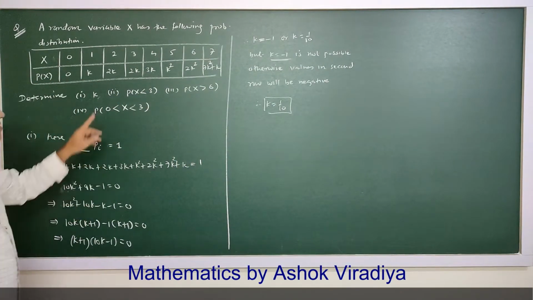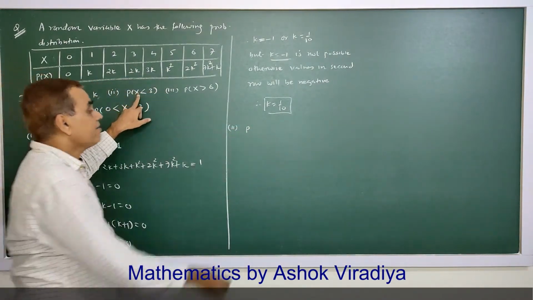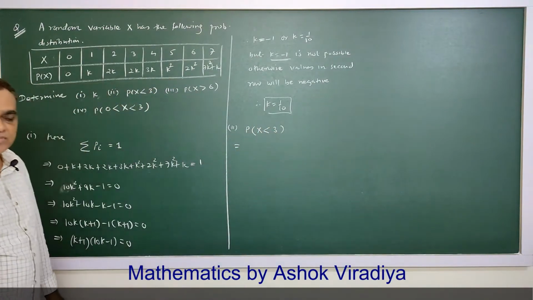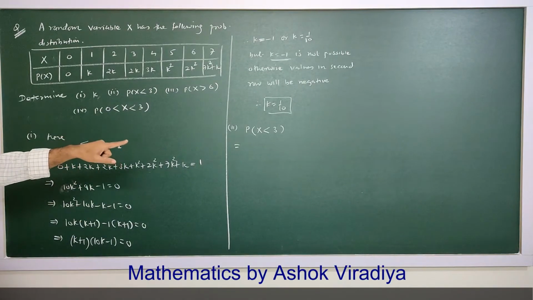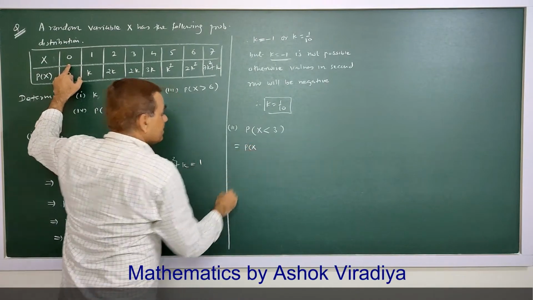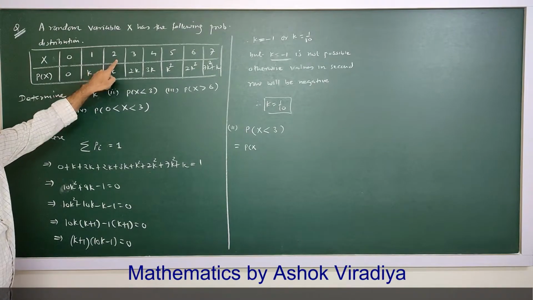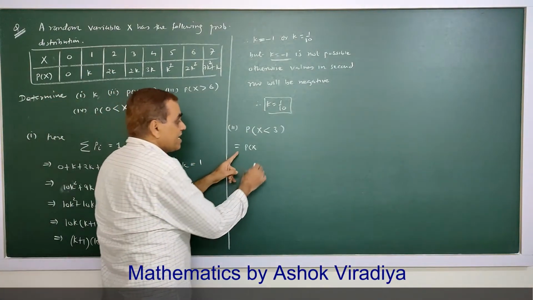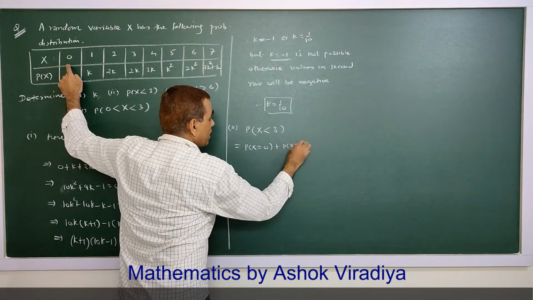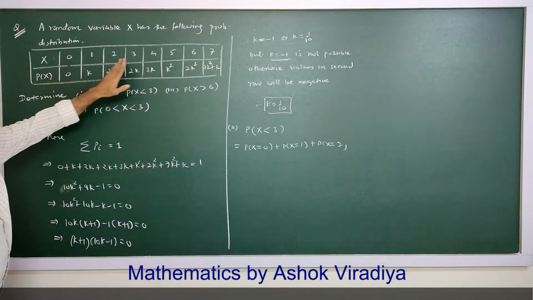Now next, second, what is the probability that random variable x takes value less than 3? Less than 3 means these three values: the random variable takes value 0 or 1 or 2.